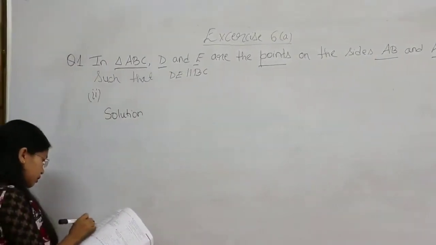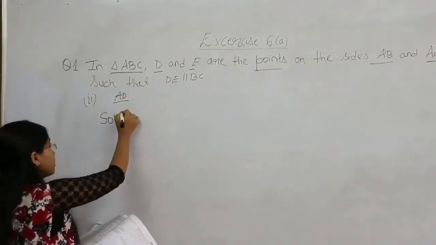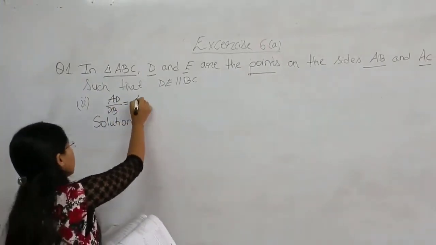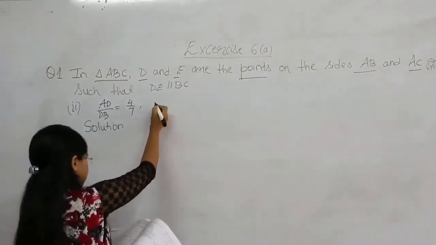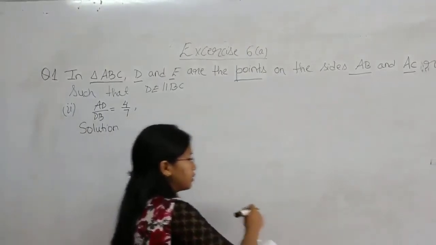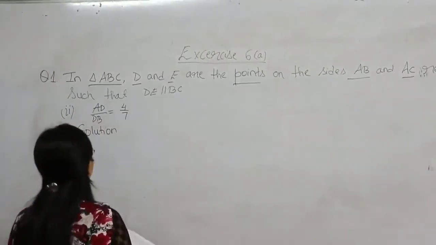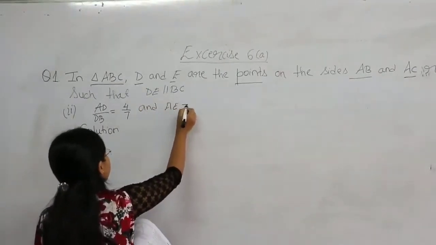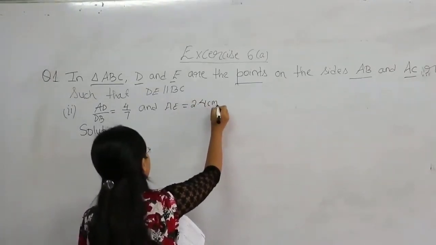Second one, AD by dB is equal to 4 by 7 and AE is equal to 2.4 centimeter.